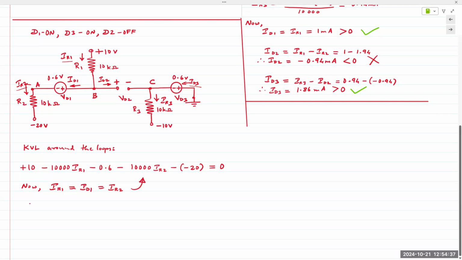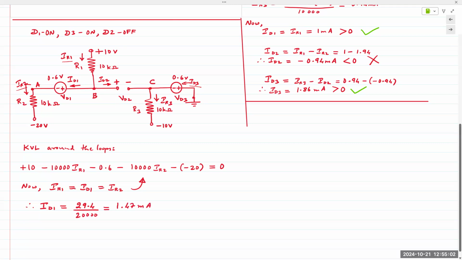And so we can find ID1 as 29.4 divided by 20,000. Simply rearranging the terms and obtaining the value: 1.47 milliamps.